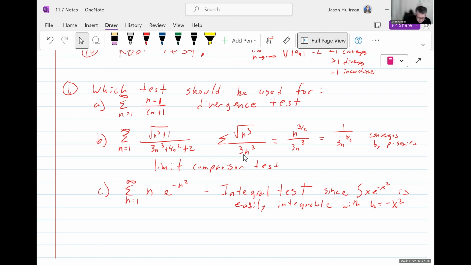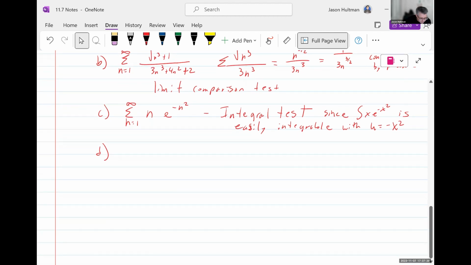Okay, D is summation n equals 1 to infinity of negative 1 to the nth power n cubed over n to the fourth plus 1. What would we want to do here?